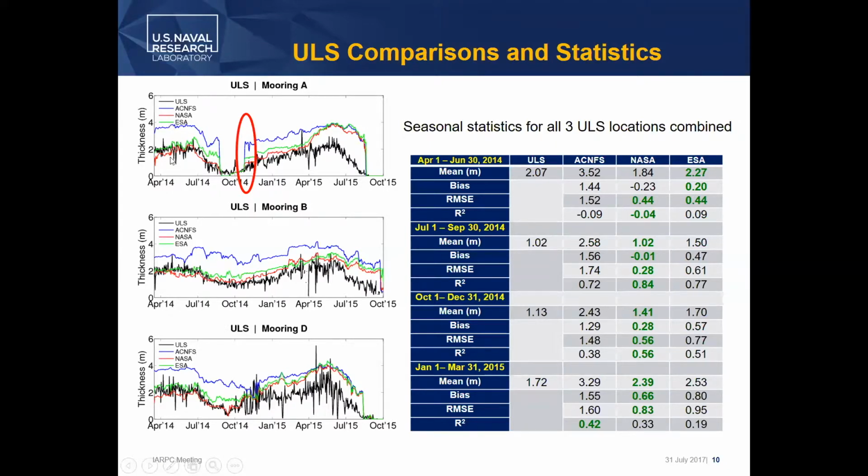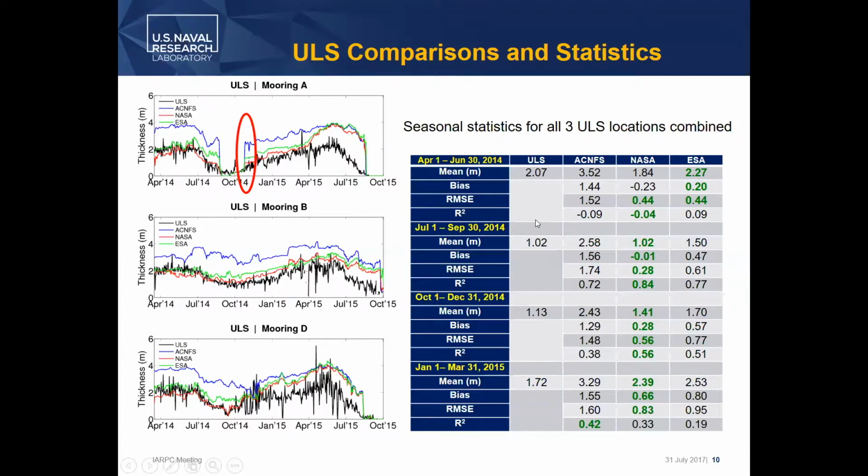The red line represents the simulated, hindcast ice thickness from Arctic cap initialized with the NASA product, and that's in red. And the green line shows you the ESA product. And so we just initialized at the very beginning, and the model runs and does its thing. So over time, we certainly would expect the solution to start to differ from observation. So this is mooring A, mooring B, and mooring D.